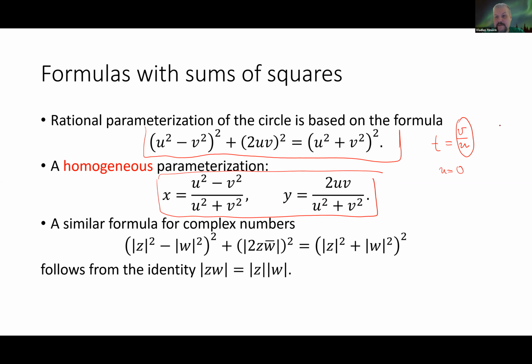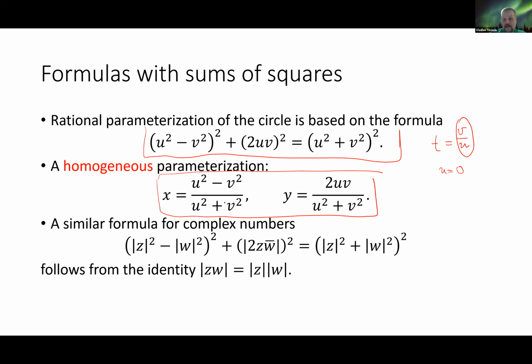You can formally set it equal to infinity, but you still need to do something. It's not defined as a real number, but the homogeneous formula still makes sense. If u is equal to 0 and v is not equal to 0, then everything is fine with the homogeneous formula, and something needs to be added for the inhomogeneous formula.